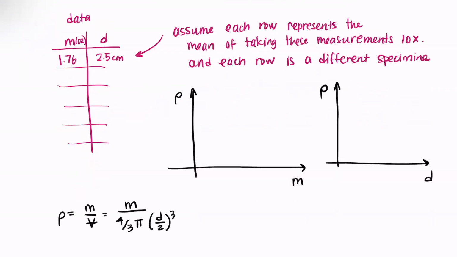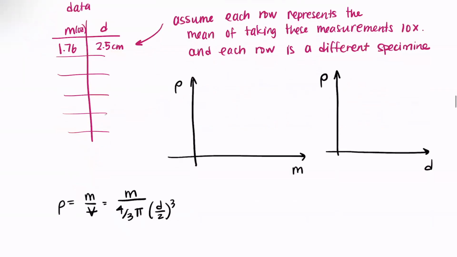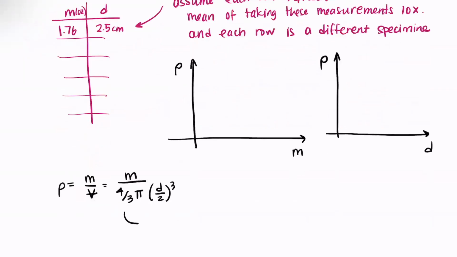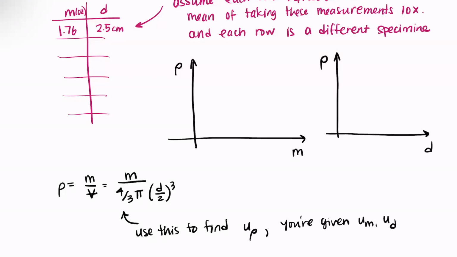So this is the equation that you're going to need to sort out the uncertainty for, right? So use this to find U rho, right? Because you are given U_m and U_d in some form, right?